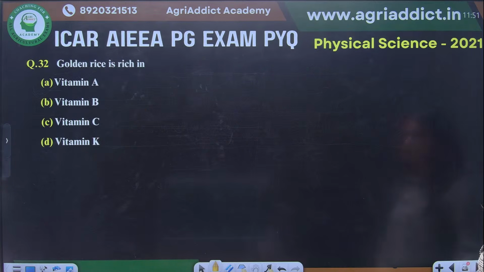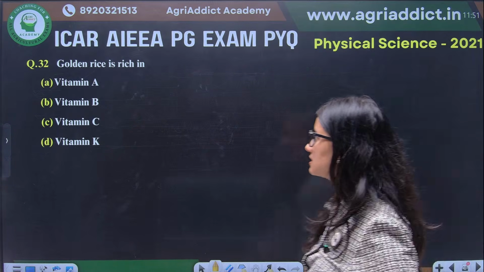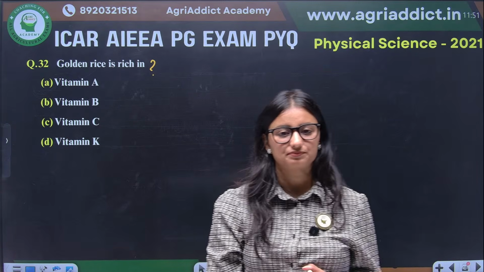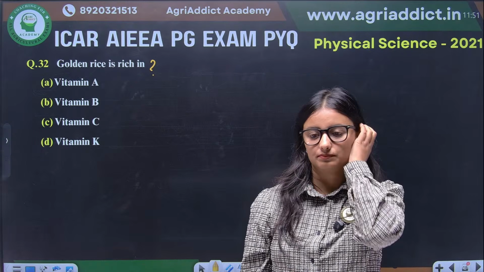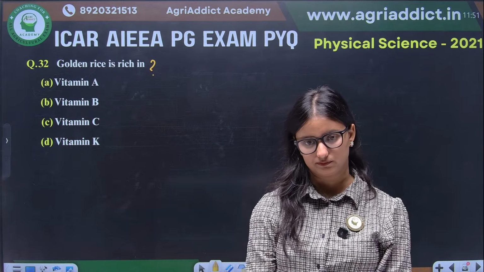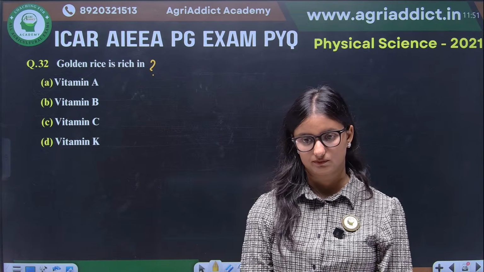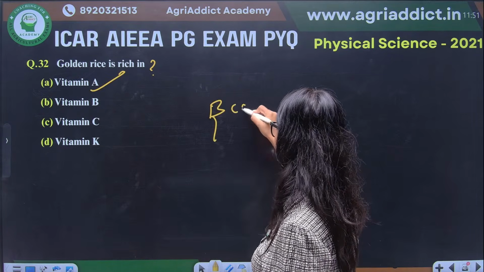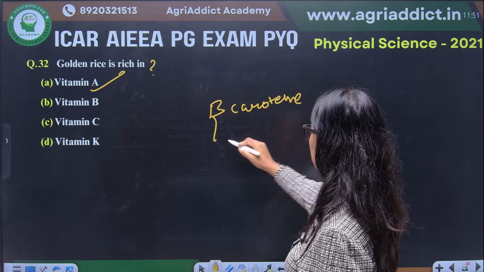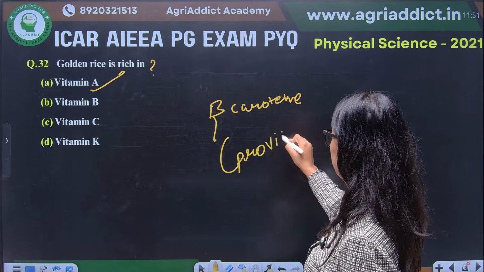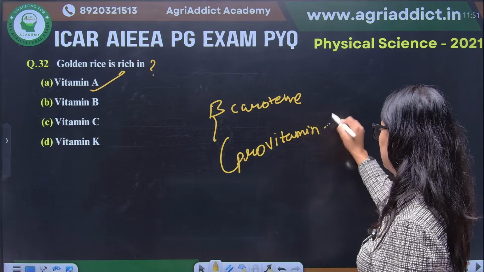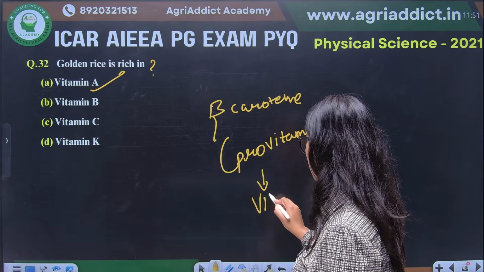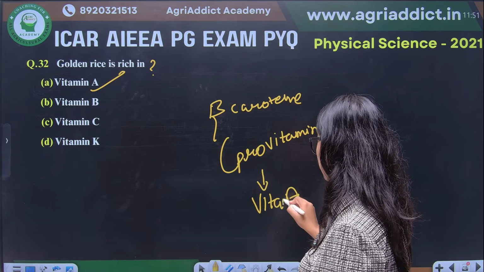Okay. So next is, golden rice is rich in what? A, vitamin A. Very good. So golden rice is rich in beta carotene, which is also called provitamin A, and it is converted into vitamin A in the human body.